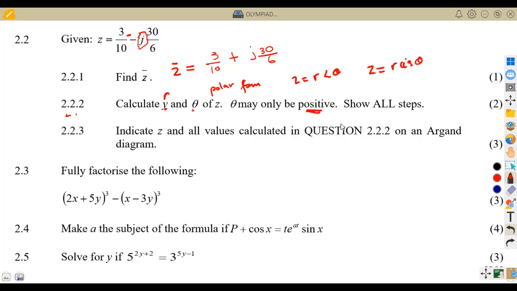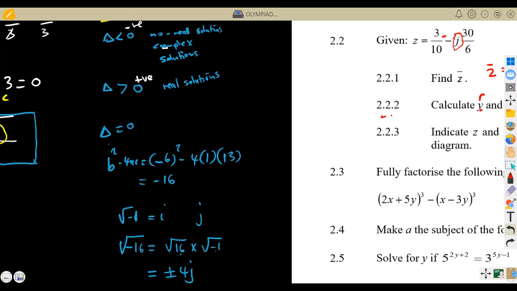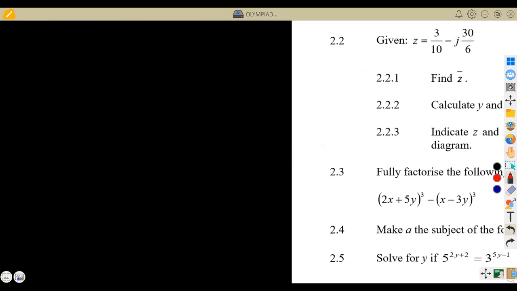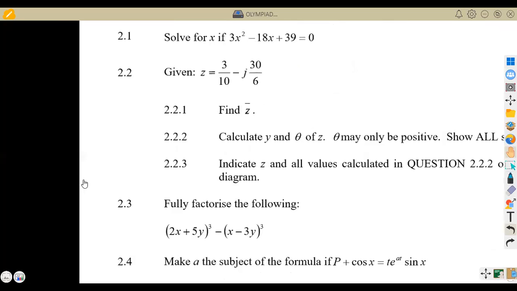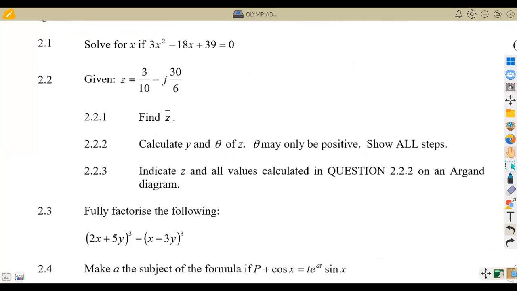All right, so let me explain this part separately, because now I'm explaining a lot here besides working on the question. Okay, so this is 2.2. What is important on the question is that, guys, you understand what you are given. They are asking you to write the polar form, whereby I said this is r here in place of y.